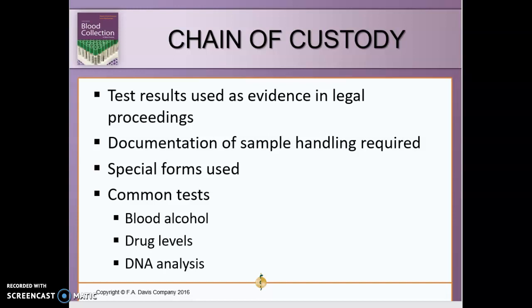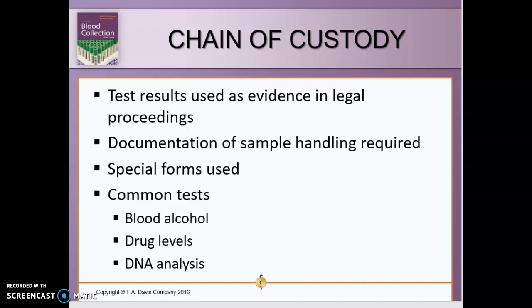Today we're going to talk about chain of custody. When we refer to chain of custody, we're talking about the documentation of sample handling. It starts with the patient identification and ends with the actual results being reported, okay?